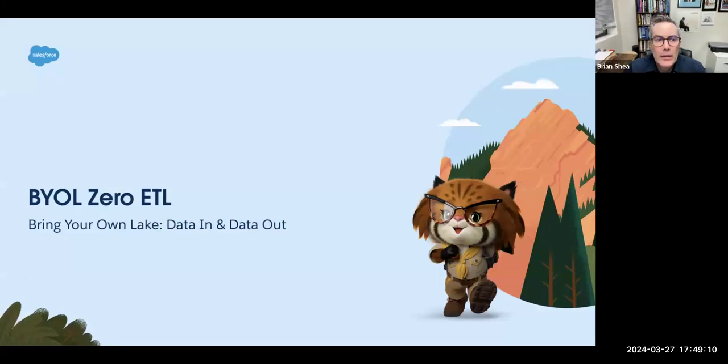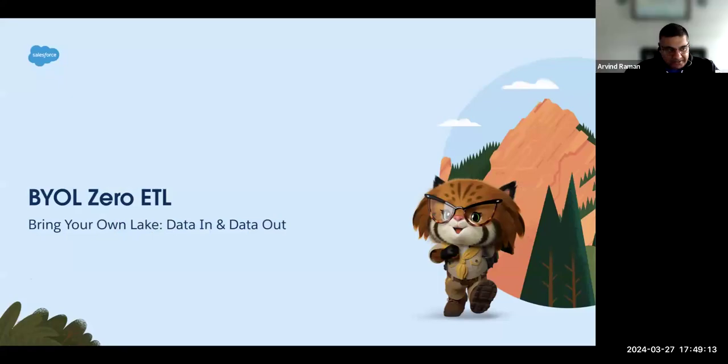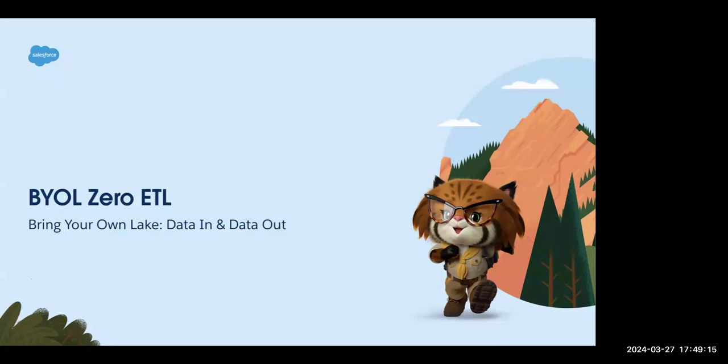Okay, I see we have a hand up, so it's a good point to ask. Hello, Arvind. Thank you so much. It was such an interesting session. A quick question on the zero copy. If you go back to the slide where you were talking about DSO to DLO to DMO, under the DLO I remember seeing that Salesforce data actually gets copied to your physical storage in Parquet files.